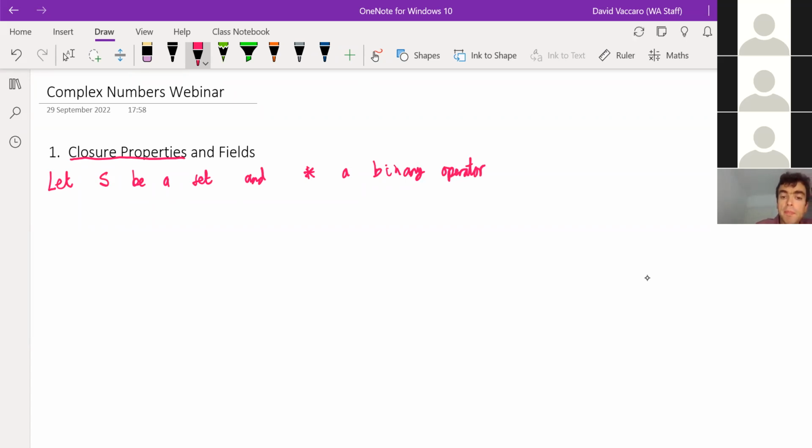And what do I mean by a binary operator? Well, that means that it maps pairs of elements of S to something.